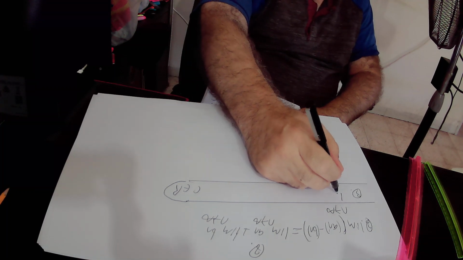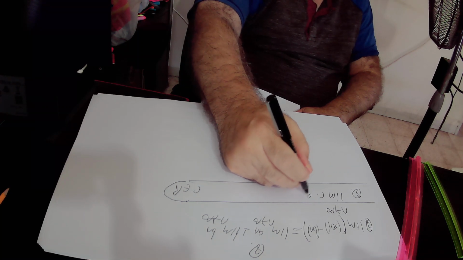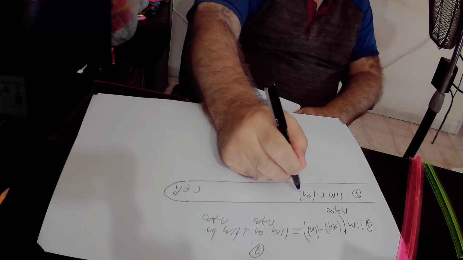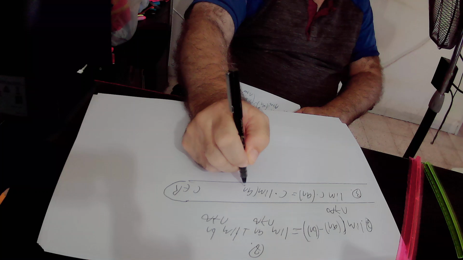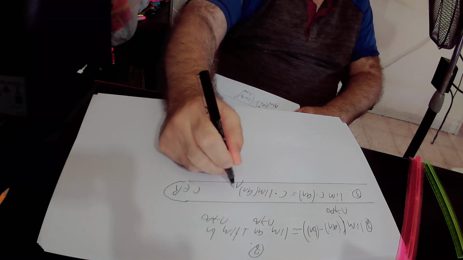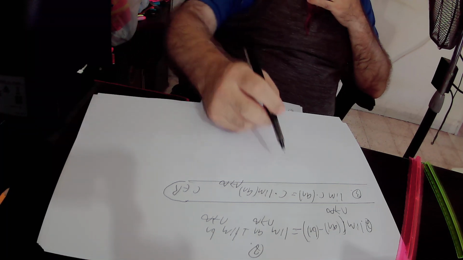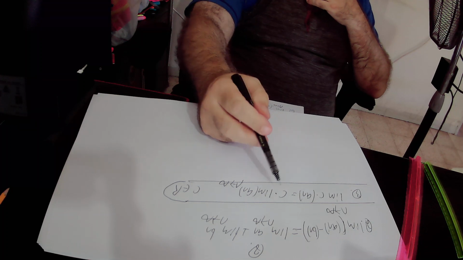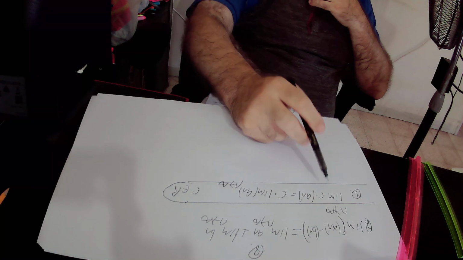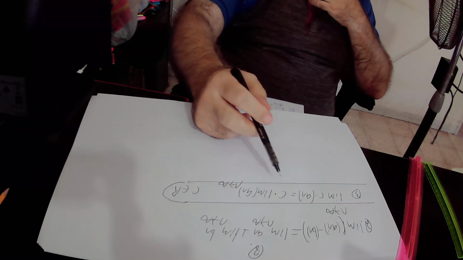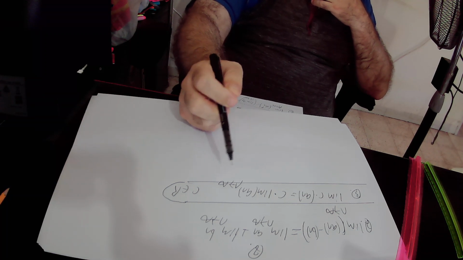So the limit of the sequence C times an is equal to C times the limit of sequence an when n tends to infinity. In other words, we can take C out of the limit. In other words, the limit of C times an will be equal to C times the limit of the sequence an when n tends to infinity.